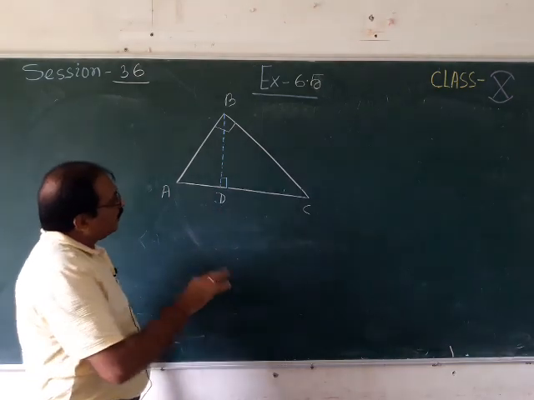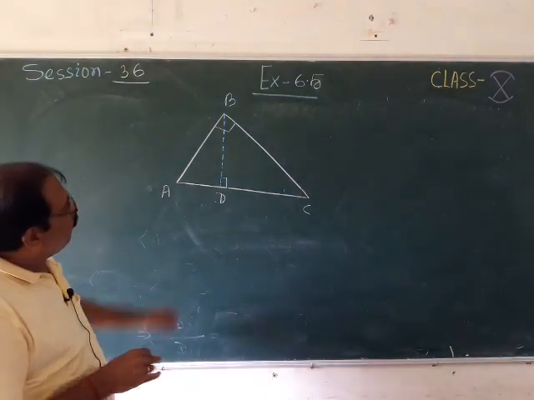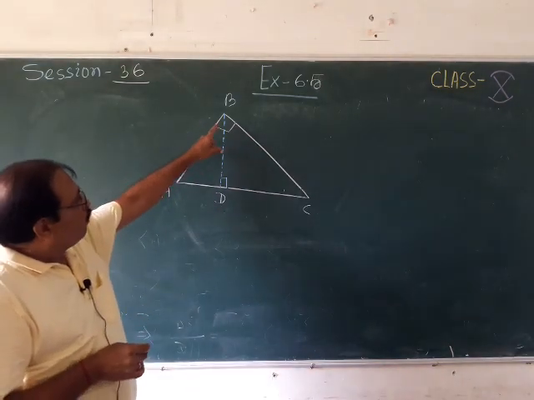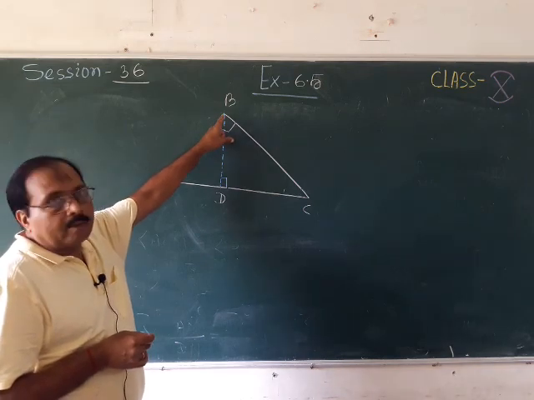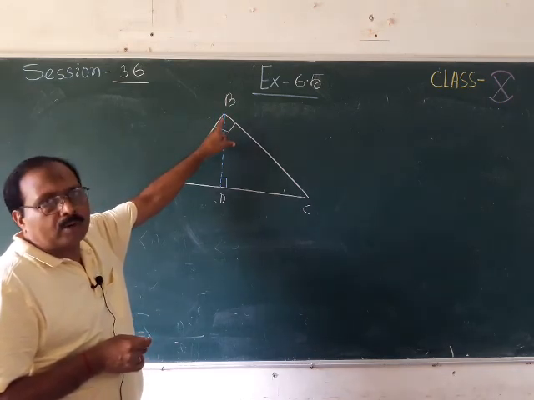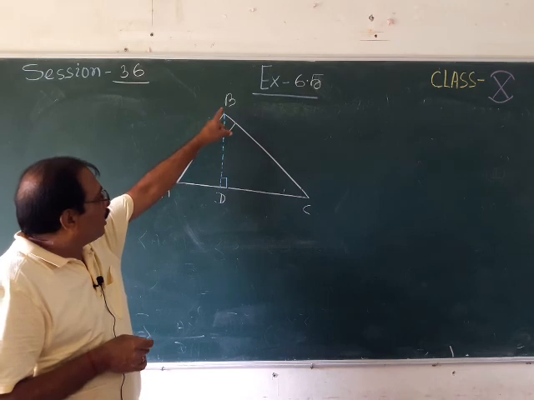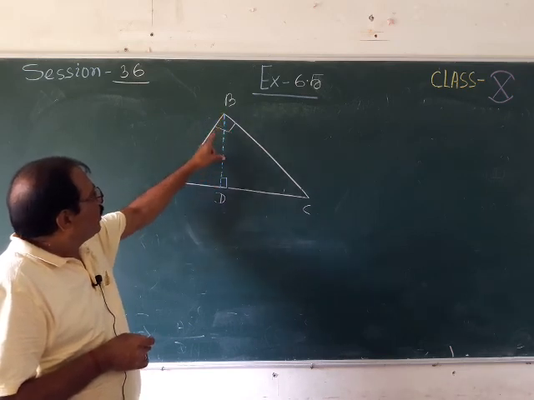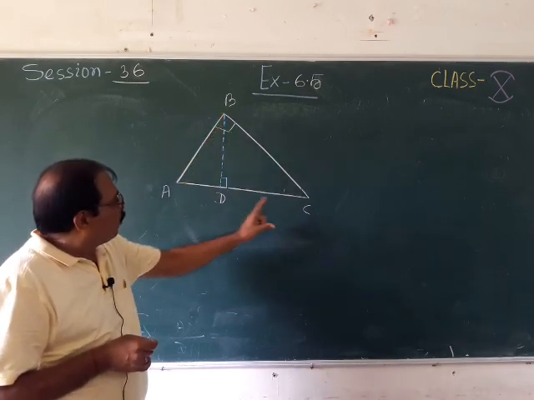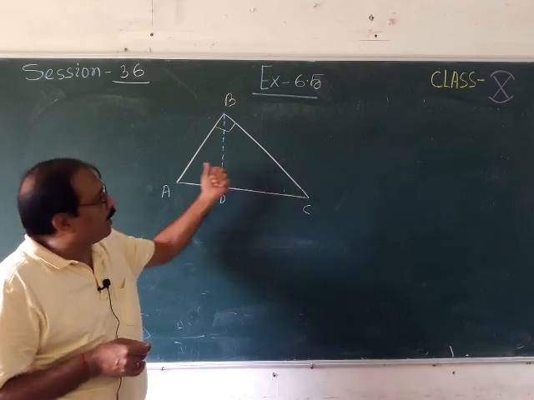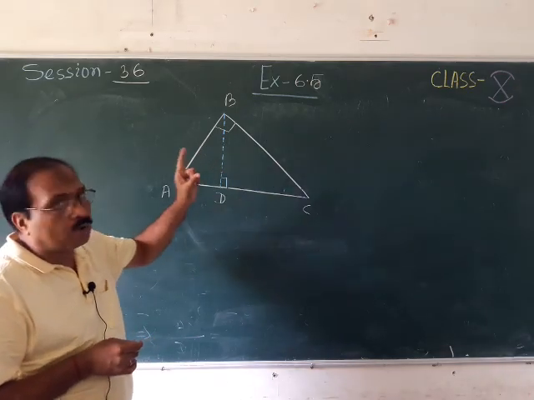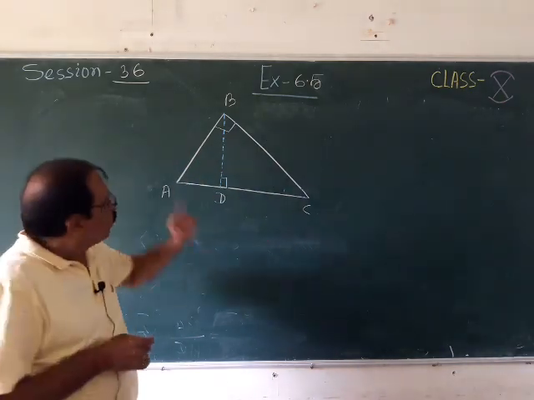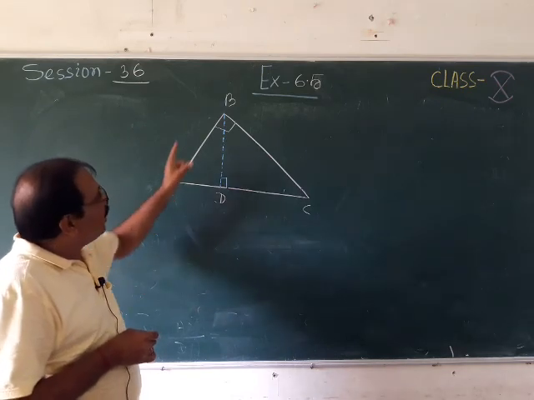So here in a right angle triangle, from the vertex at the right angle, if you draw another perpendicular on the hypotenuse, then you have two triangles, and these two triangles are always similar to the triangle ABC.